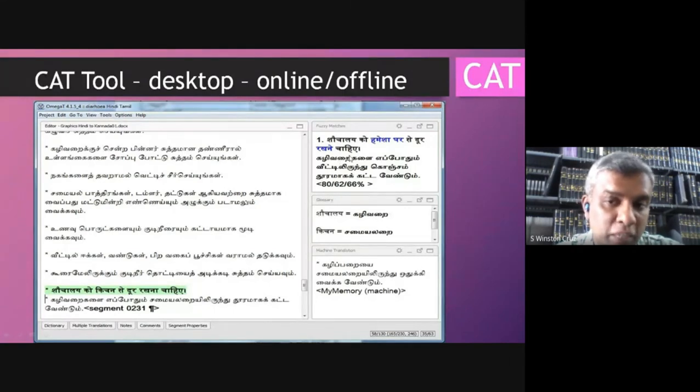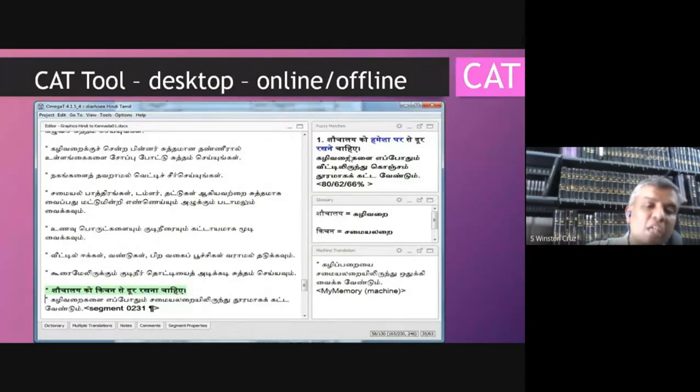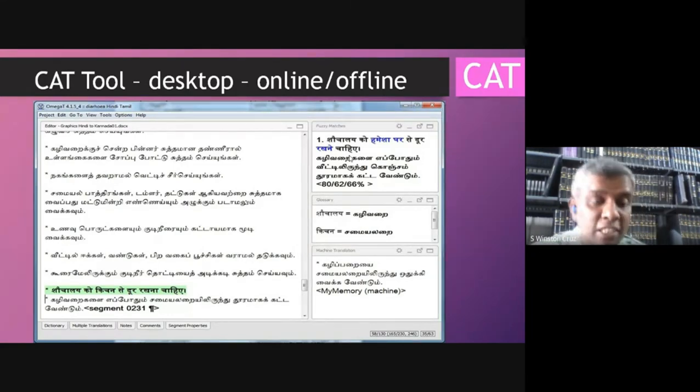If you see the fuzzy match, I've used the same kind of word, because I see the intent behind this segment, something similar to keeping it always away from the house. The same way you have to keep it always away from the kitchen, right? So this is an intent understood by the translator, who is a human, and used.